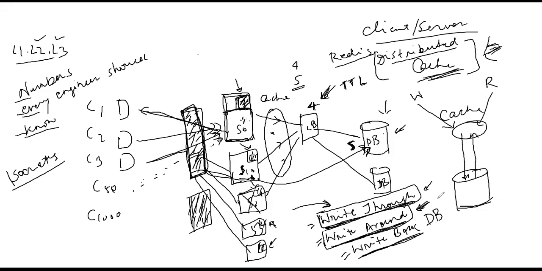So that is another design choice. It has some problems. What if we wrote into the cache, but now we lost the data? Does Redis guarantee that your data will not be lost?